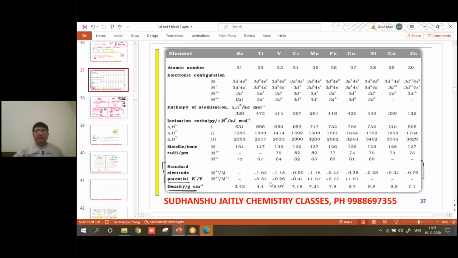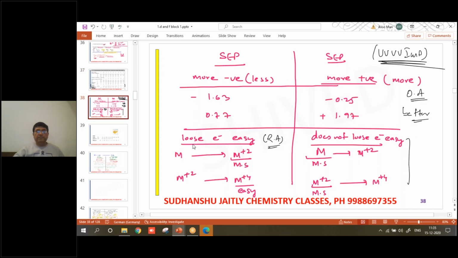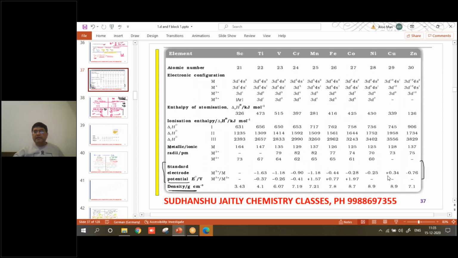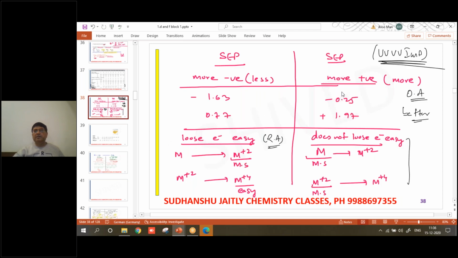Did you notice? Titanium is having more negative. So titanium more negative means higher oxidation state is going to be stable. And copper is having less negative or more positive. So that means its lower oxidation state is going to be stable.